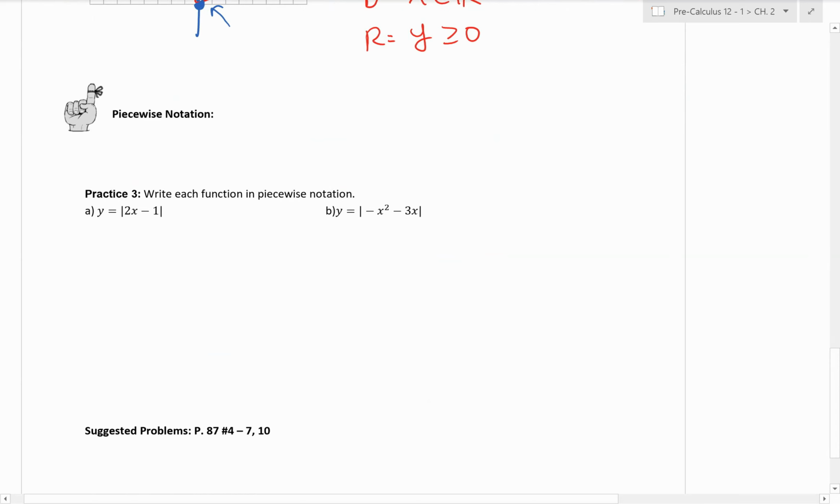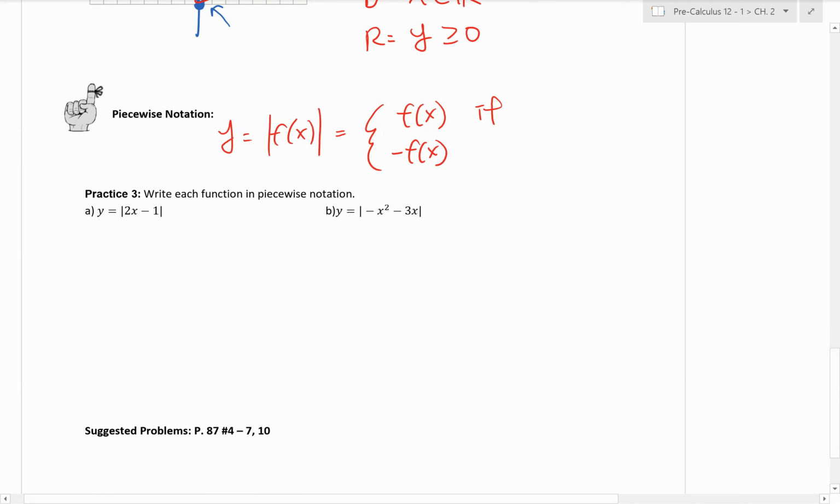So again, this is why if we have a function, y equals f of x, absolute value of f of x, this can be written as a piecewise notation, either the positive of f of x or negative of f of x.